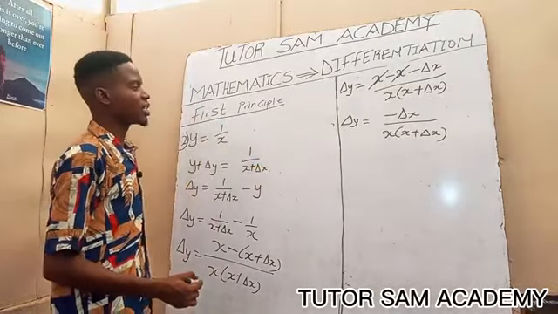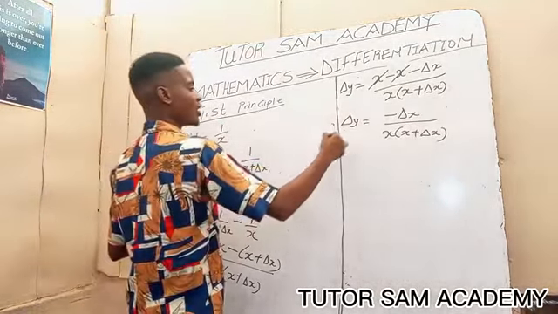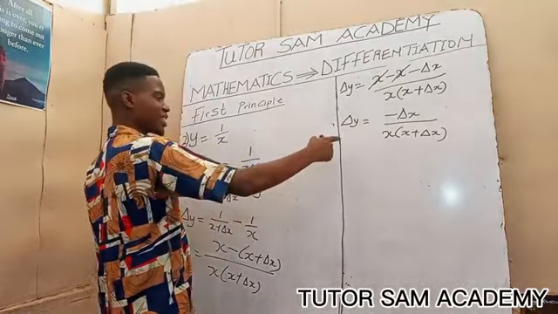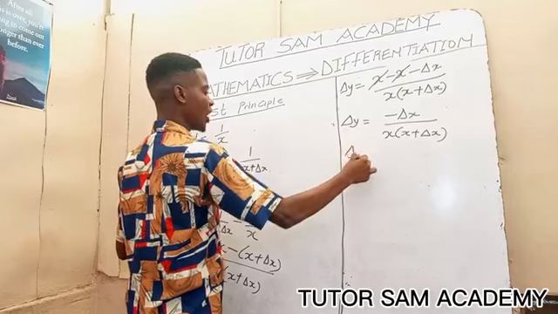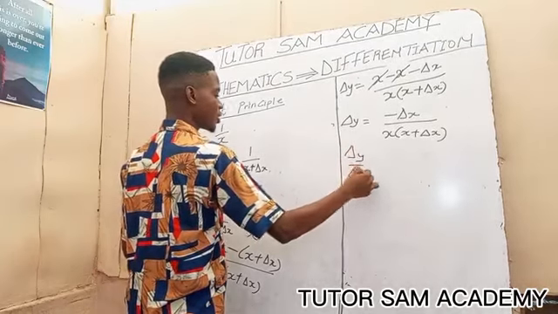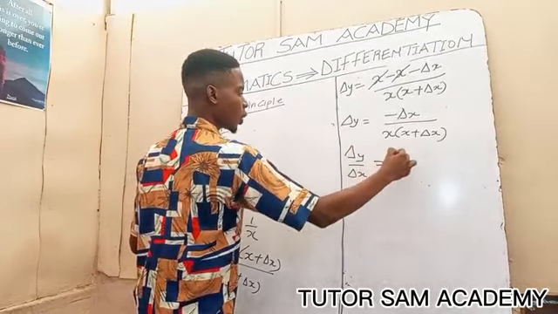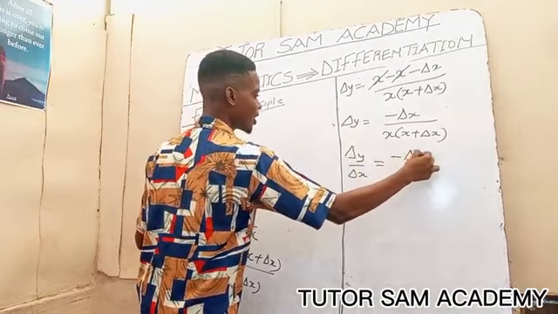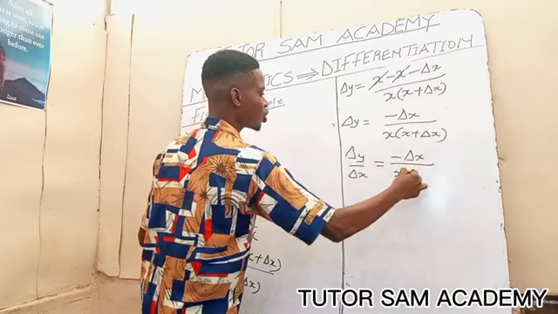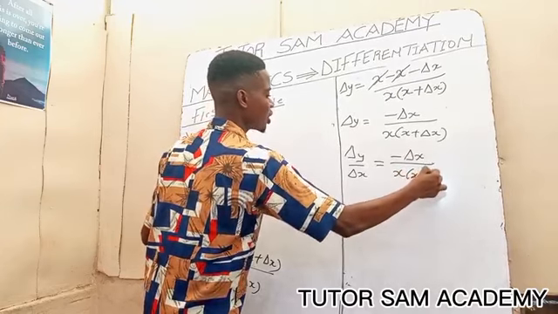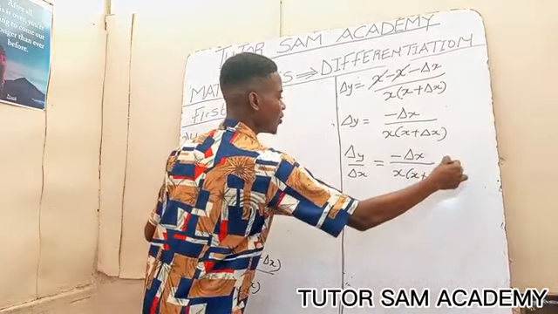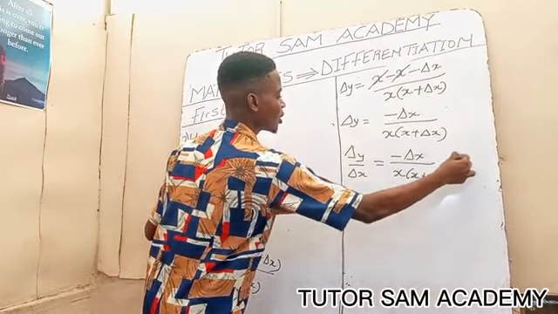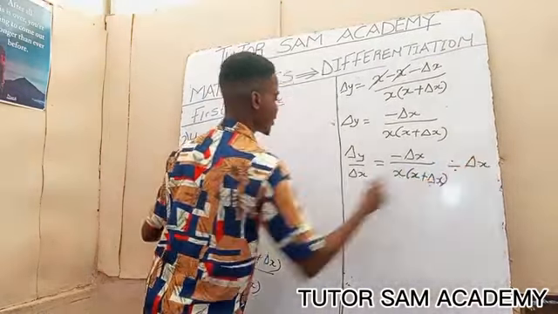So from this point, we can say divide through by what? Change in x. This is the next step now. Divide through by change in x. So this is equal to minus change in x divided by x into x plus change in x, divided by change in x.